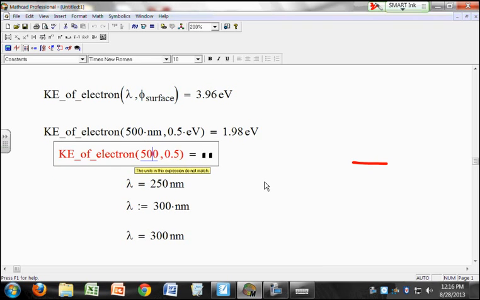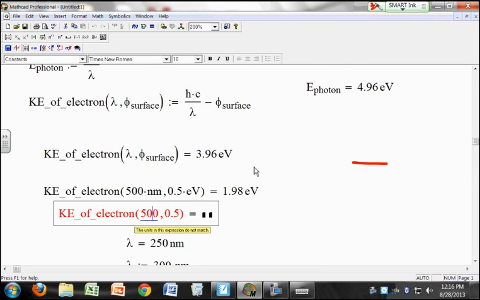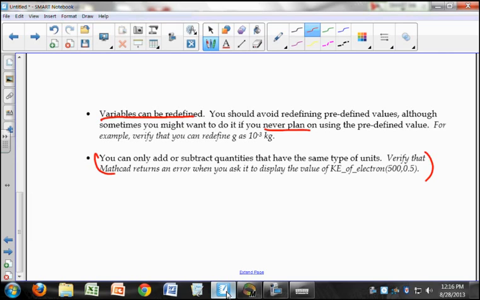Why doesn't it know what to do? Because if it plugs in 500 for lambda with no unit, h has been defined with a unit, c has a unit, so this will have a unit, and phi surface is 0.5 with no unit. So this expression on the left has a unit, this has no unit, and Mathcad doesn't know what to do with it.